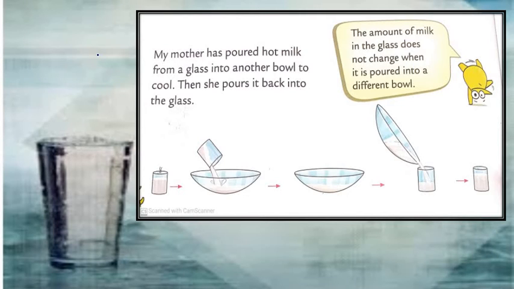My mother has poured hot milk from a glass into another bowl to cool. Then she pours it back into the glass. Now look here. You can see 2 glasses of milk over here, hot and cold.